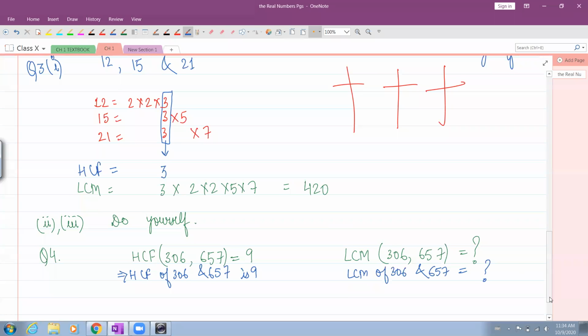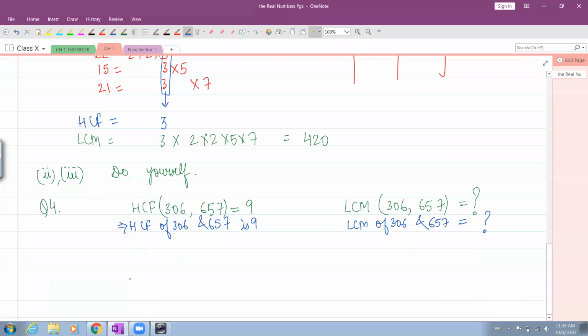And for this, we are going to use the result that for any two positive integers, the product of HCF and LCM is the same as the product of the numbers. So we are going to write down that HCF into LCM is equal to the product of numbers. And then just use the values. So 9 multiplied by LCM equals the product of the numbers.